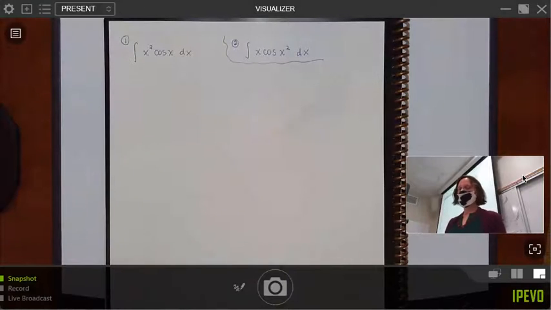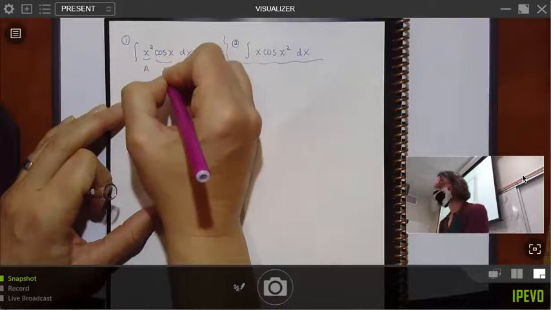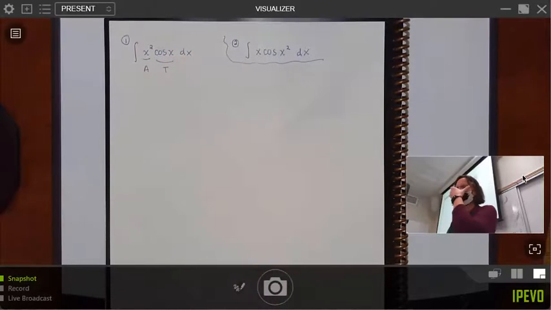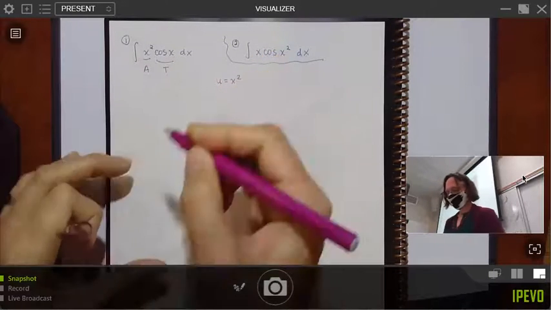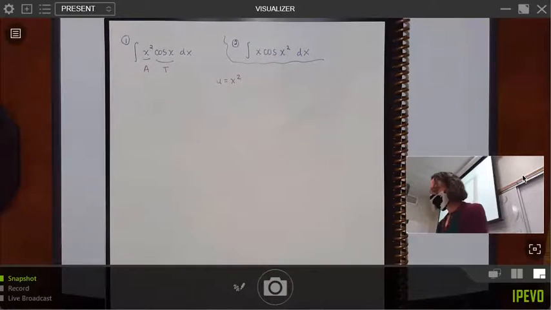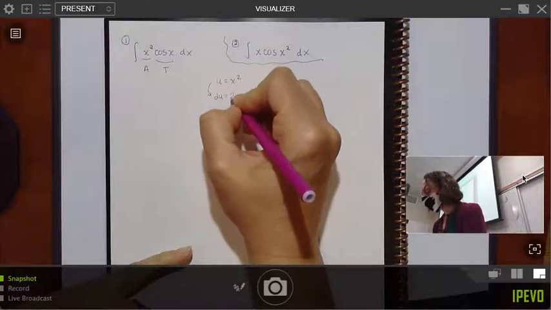So if this is going to be integration by parts, I am looking at a mixture of algebra and trig. Algebra comes first in the word LIATE. So I'm going to make u equal to x squared. That means that my du is 2x dx.